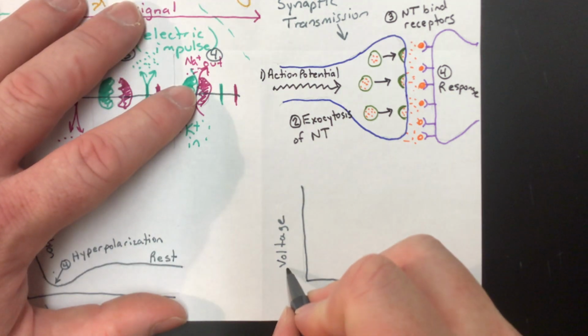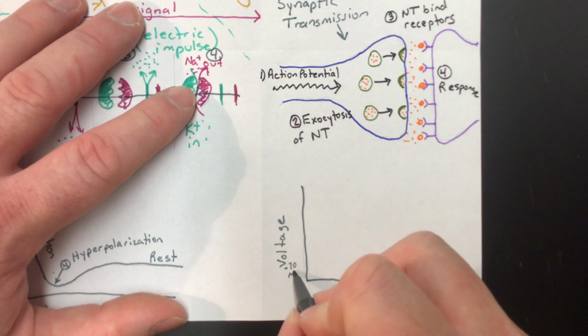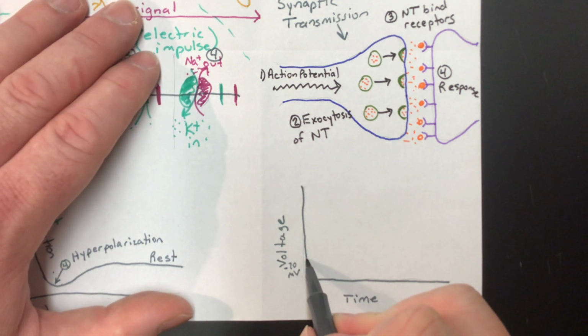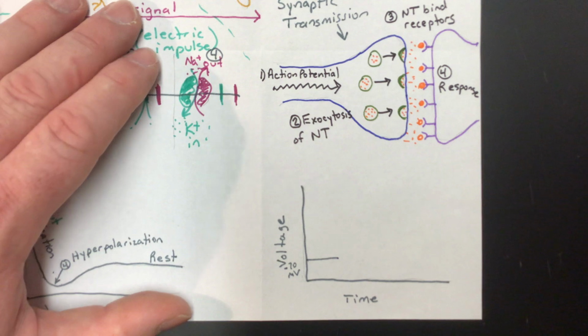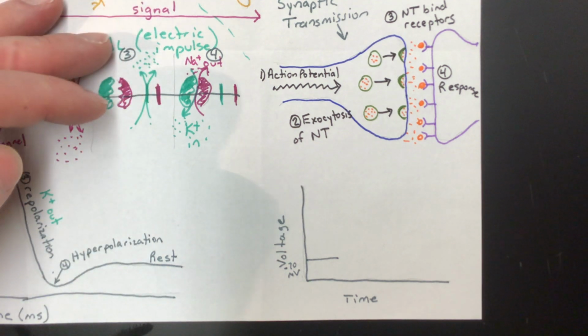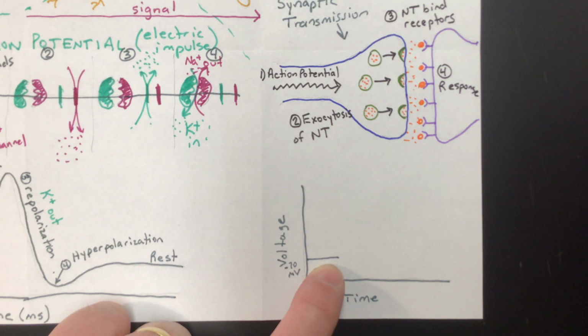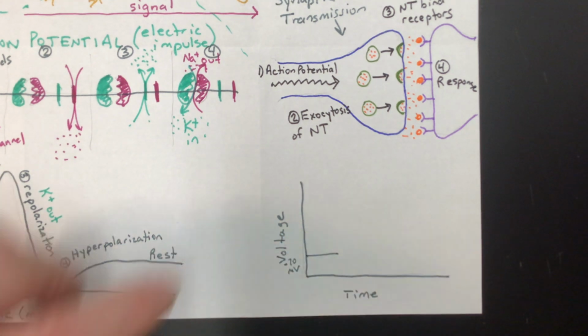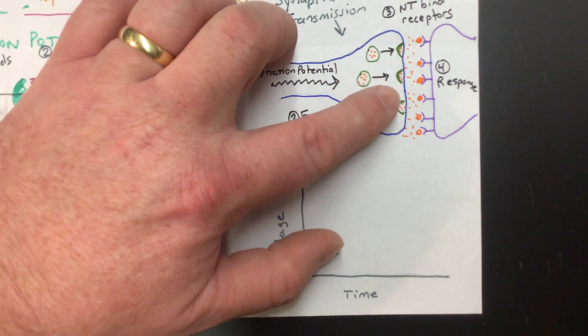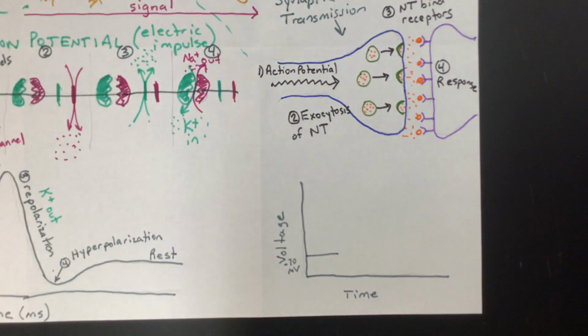Now, our magic number here, we said, was minus 70 millivolts. And so that postsynaptic cell is just chilling at minus 70 millivolts at rest. And one of two things can happen over here with the response. And that depends on which type of neurotransmitters are being used here.